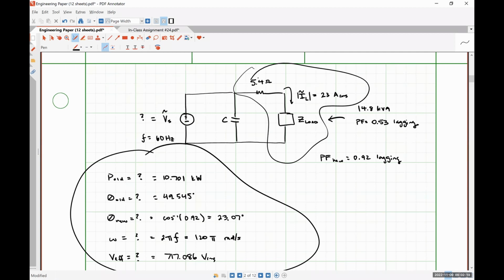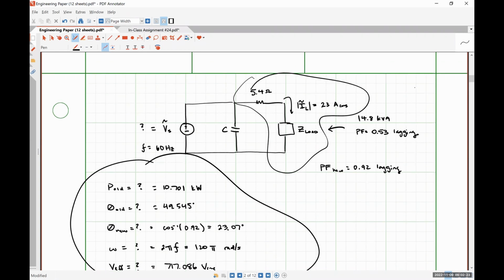Another thing that we need to pay close attention to, because this is something that I've seen students do before, but you guys didn't try to do it. I have had students tell me that the magnitude of the voltage here, so let me write this down, the magnitude of VS will be equal to the magnitude of VR plus the magnitude of V load.